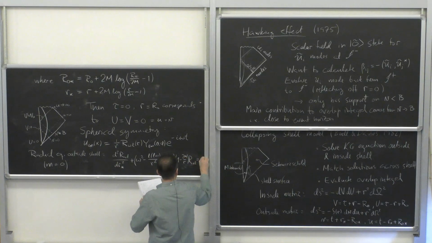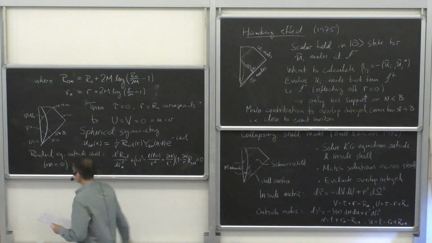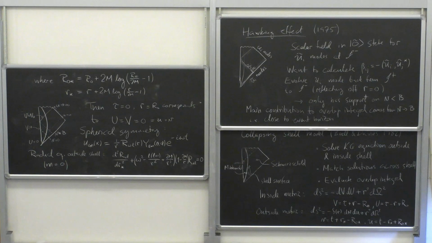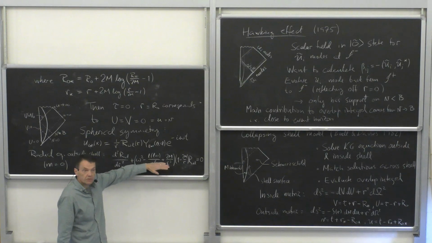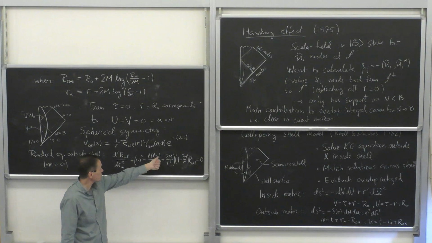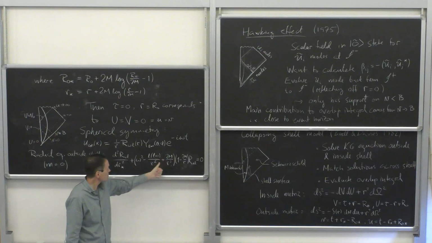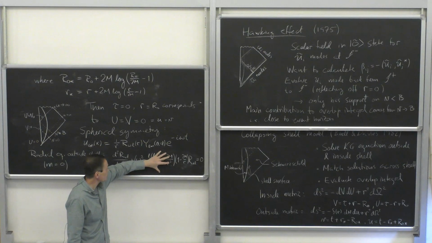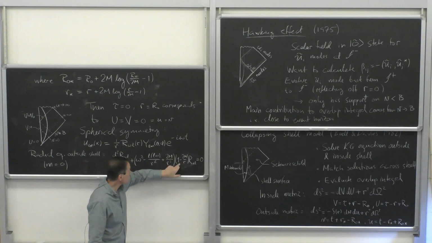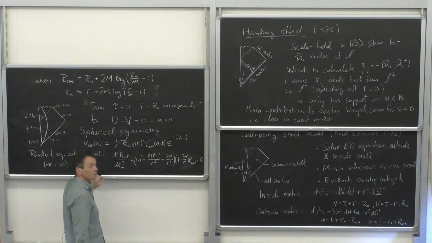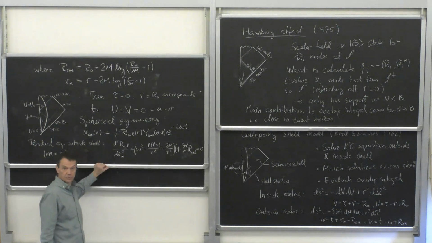This is all equal to 0. But it's a linear second order equation. Things simplify if I go far away, because far away r is large compared to this M. So these terms will vanish, this will reduce to 1, and I get just the wave equation in the radial direction if I'm sufficiently far away.